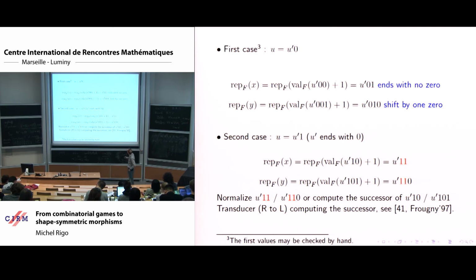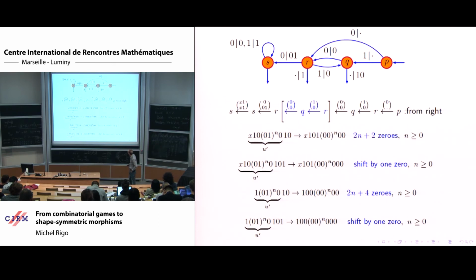You see, I have entry of that kind: U prime 1, 0 or U prime 1, 0, 1. And so I look at U prime 1, 0, I look at U prime 1, 0, 1, and I go through the transducer and see what can happen.